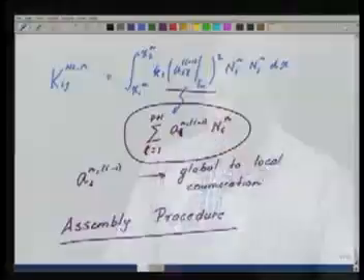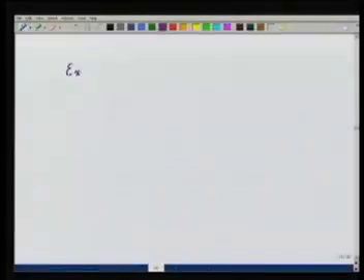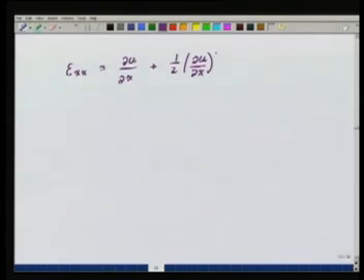So here we have outlined a procedure with which we can construct solutions to nonlinear problems. We could also do the same for the case of large deformation problems, where the strain Exx is given as del u del x plus, let's say, half of del u del x whole squared.